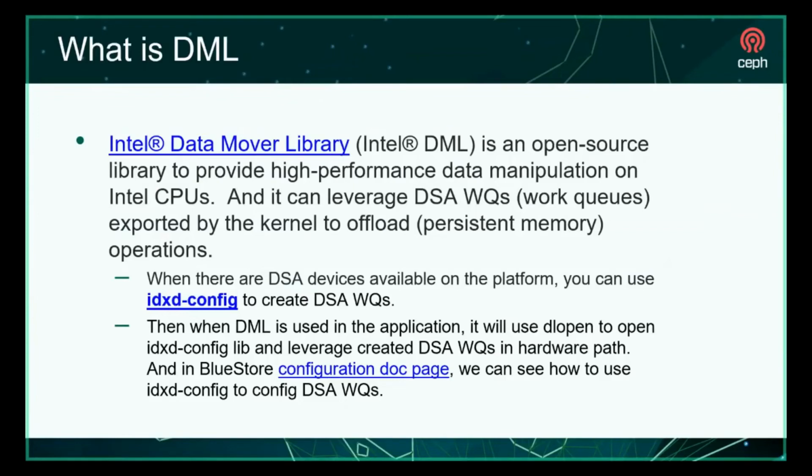And in Crimson's configuration doc page, we already share how to use accel-config to configure DSA work queues if you want to offload persistent memory operations with DSA.